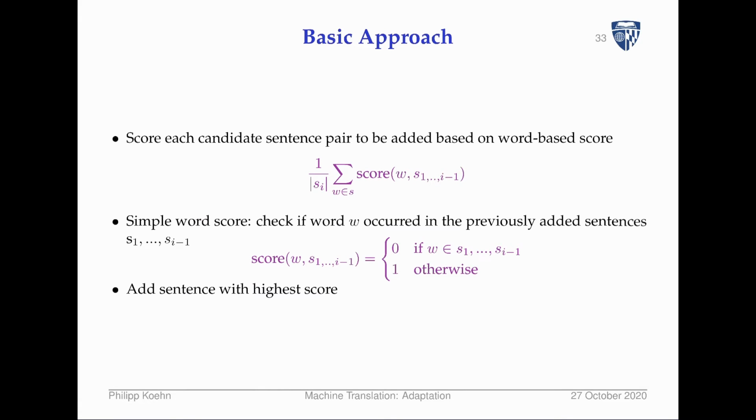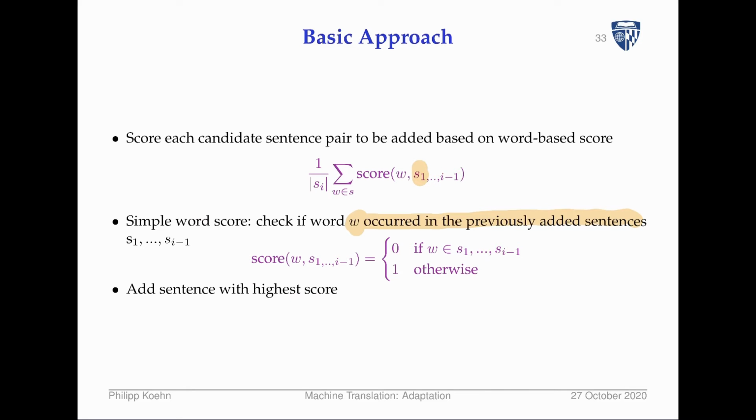So here's the basic idea. You score each candidate sentence pair to be added based on a word-based score, so you're going to have some score for each word in the sentence. A simple word score is to check if that word already occurred in the previously added sentences. You already have some sentences added, and words either occur in them or they don't.